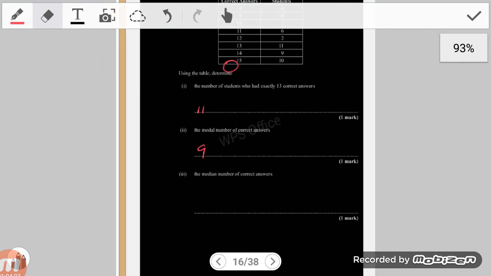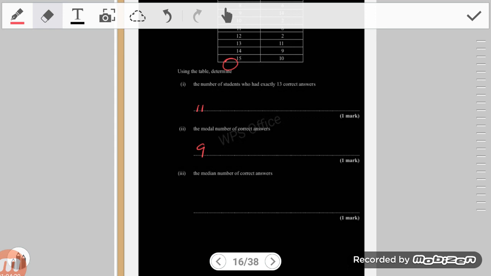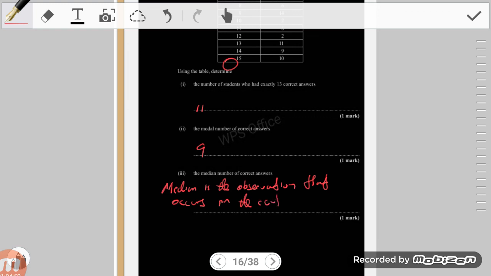So if we want to find the median, guys, remember that the median, let's make a note here, the median is the observation that occurs in the center. So median is the observation that occurs in the center.